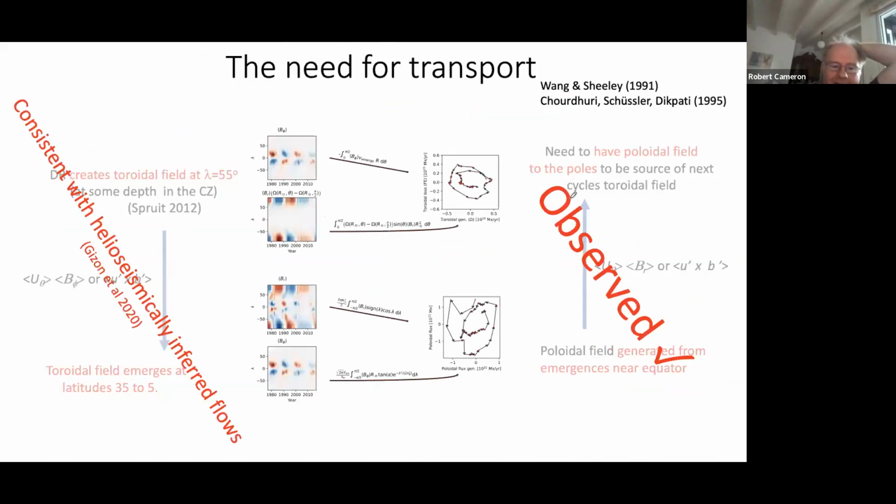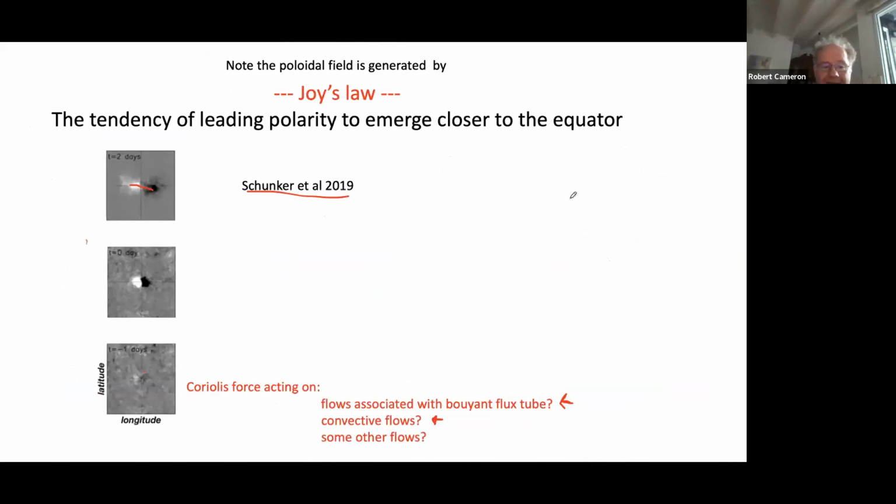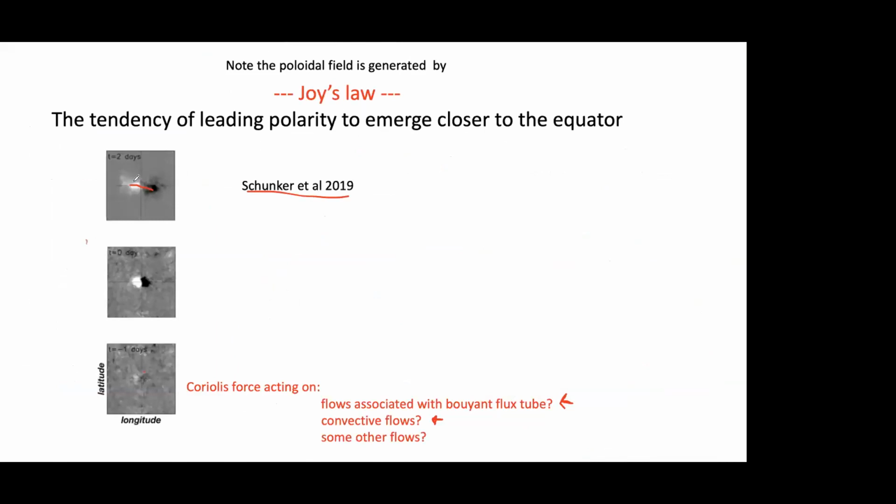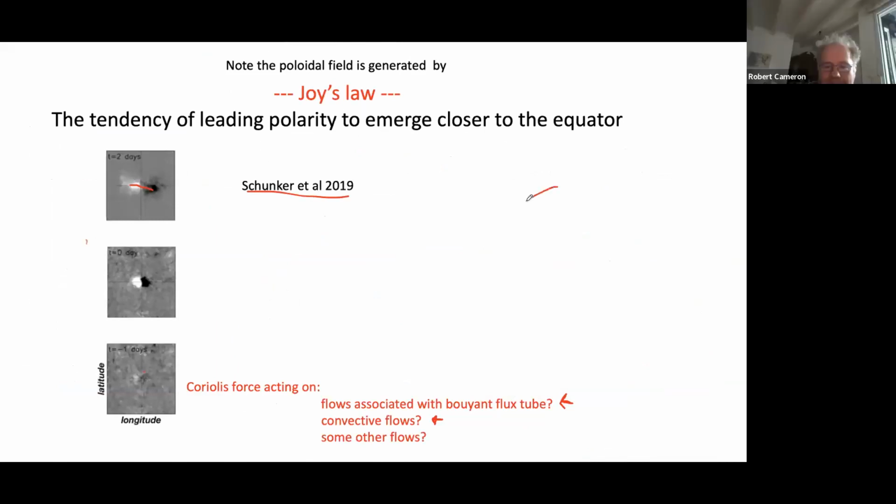So if you have net radial flux at your surface, which at least in a number of dynamo models I've seen they do, then you have some type of flux emergence.